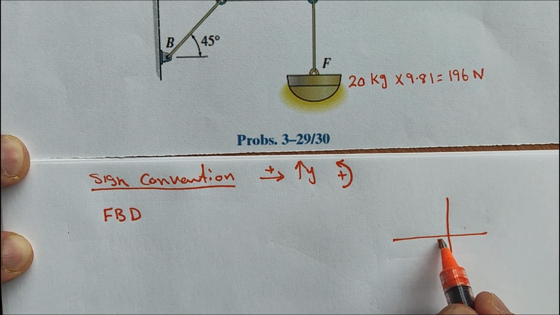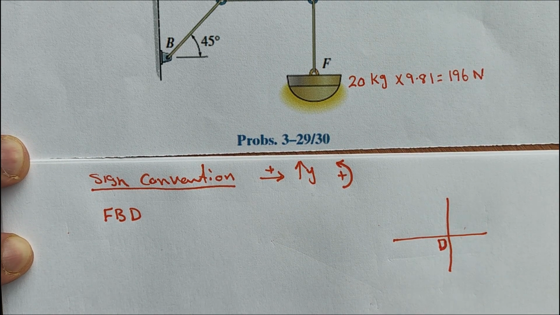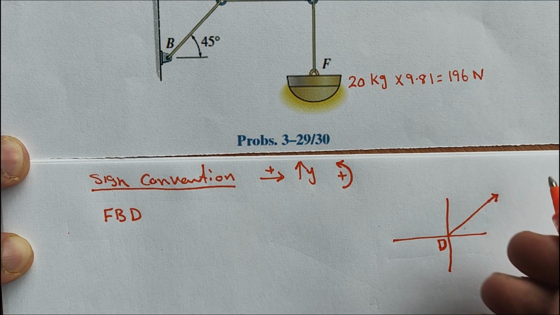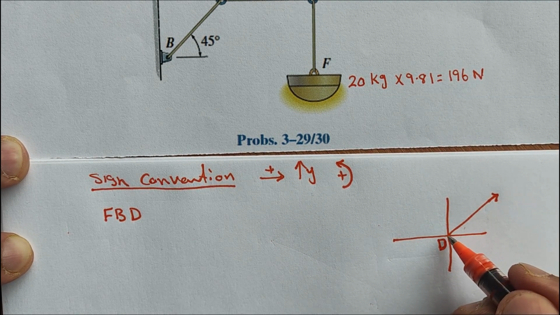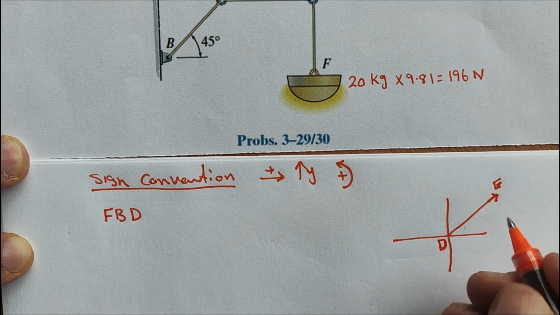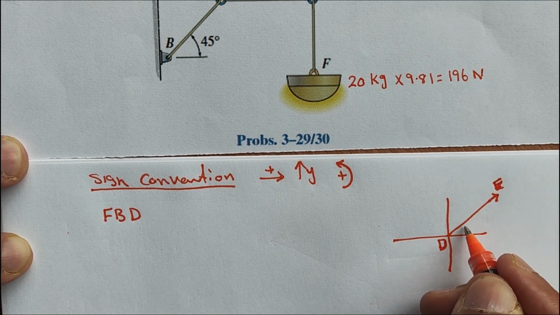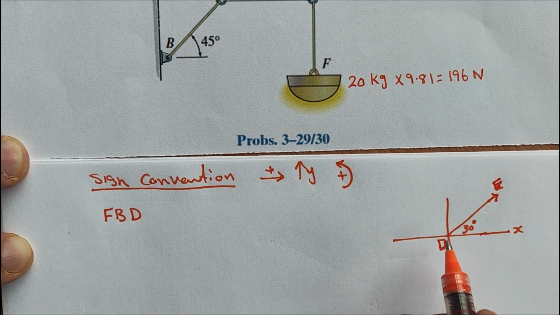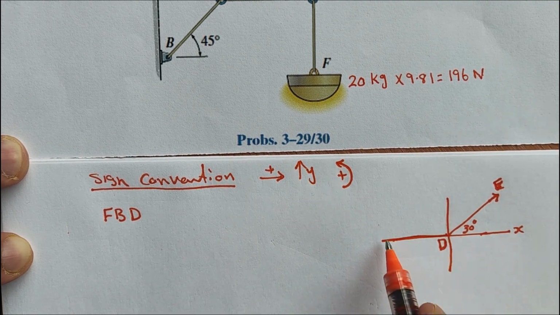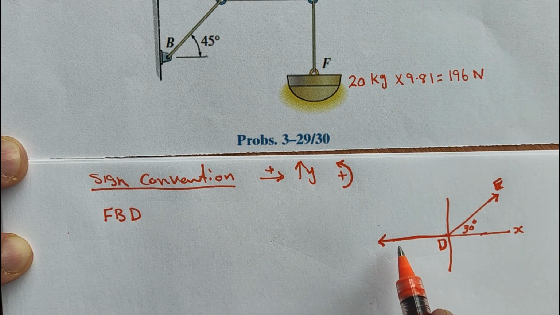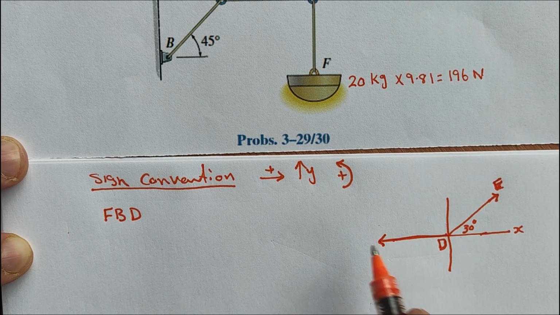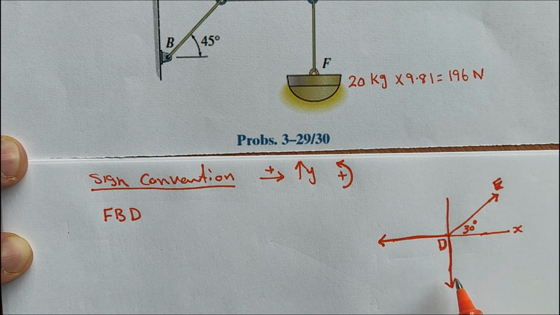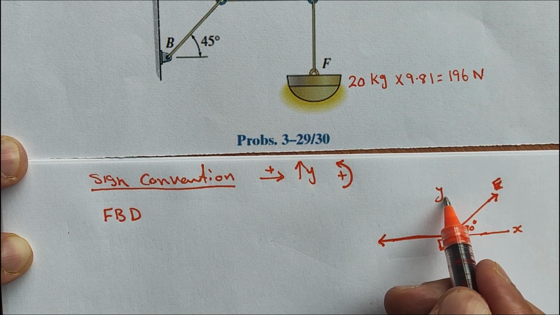Since D is in equilibrium, D will be our origin in there, and we know that there is a force developed in here, or tension developed from D to E, and this is at 30 degrees from the positive x-axis. And we have DC in here, another tension force developed from D to C, and we also have the weight of the lamp itself downwards straight on the negative y-axis.